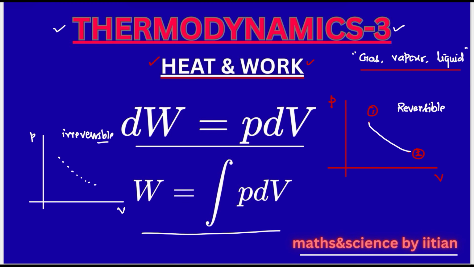In integration form, it is W is equal to integration of P dV, where P is the pressure in pascals, W is the work done in joules, V is the volume in cubic meter.